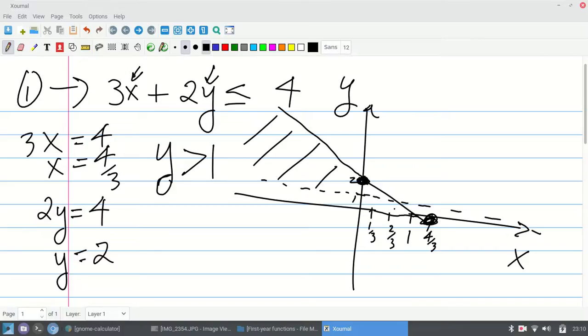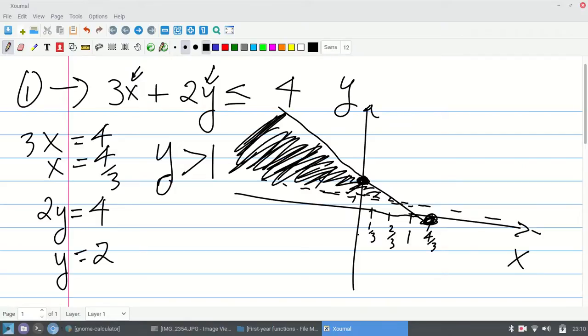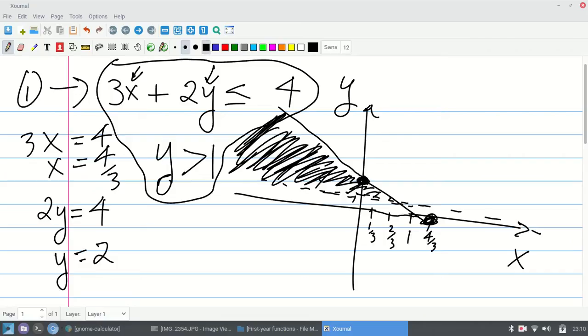So everything below that line but above this line. So I shade it all in, and that is my set of solutions that satisfy these two inequalities at the same time. It's essentially a geographical region of points. So that's my answer. It's this little shaded region.